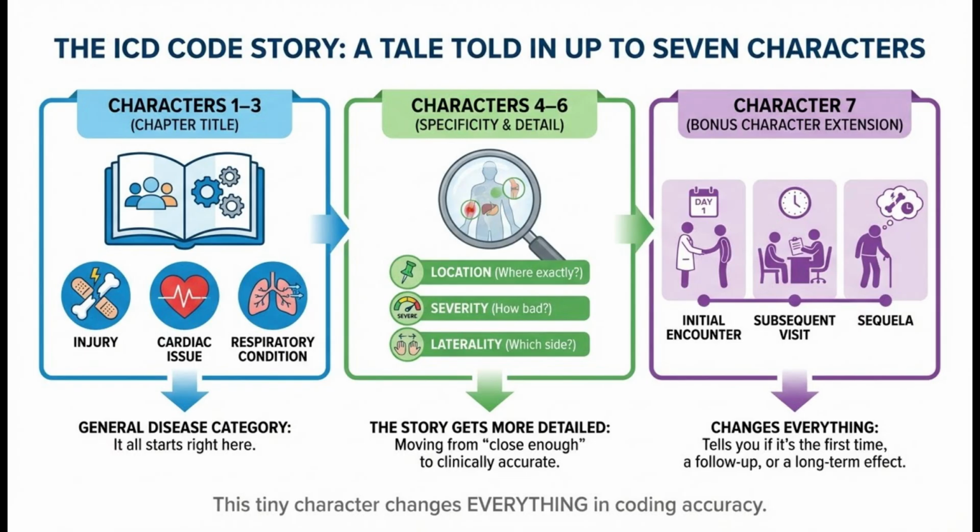And then we have the bonus character, the 7th character extension. This is used mostly for injuries, fractures, poisonings, and it tells you something very important. Was this the initial encounter, a subsequent visit, or a sequela? This tiny character changes everything in coding accuracy.